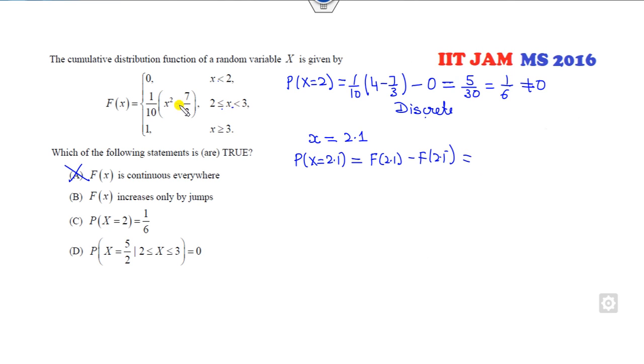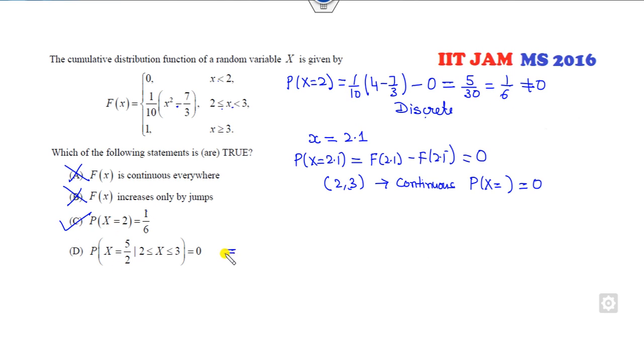Both the values come in here, so it is 0. So for any number which lies between 2 and 3, the function is continuous. If the function is continuous, the probability of this interval is always 0. So it does not increase by jump. Probability of x equal to 2 is 1 by 6. I already computed that.